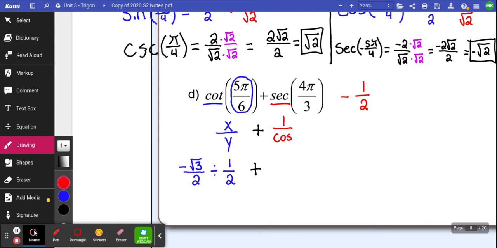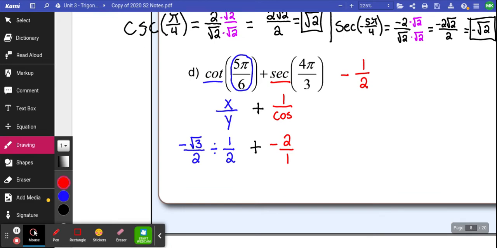Yeah, bueno. We want to reciprocate that, so it's negative 2 over 1. We okay with that statement that I have on the bottom? Cool. All right.